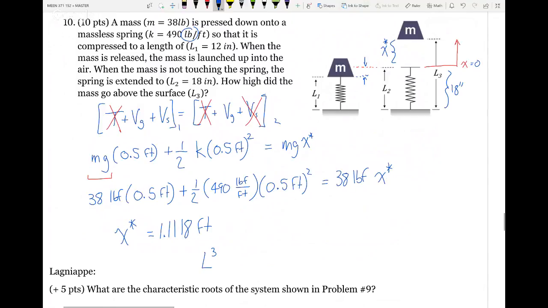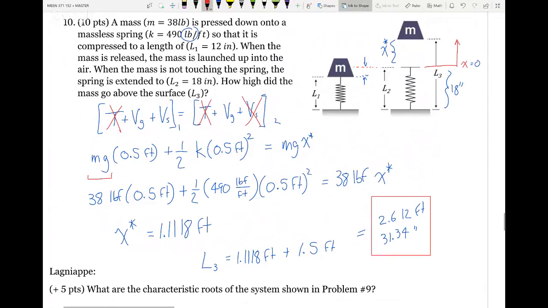So then L3 is going to be 1.1118 feet plus 1.5 feet, which is going to be 2.612 feet. If you want to convert that into inches, that's going to be 31.34 inches. And that is the answer.